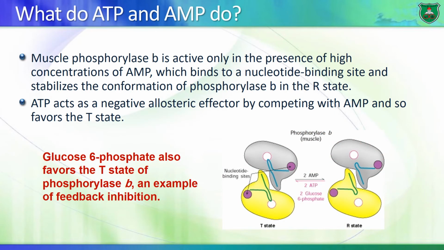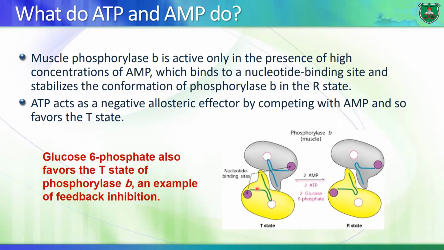Now, what ATP and AMP do is that they bind to what is known as nucleotide binding sites within the enzyme. Okay, so there are certain regulatory sites, remember that, whereby ATP and AMP can bind, and they change the conformation of the enzyme from the T to the R state.